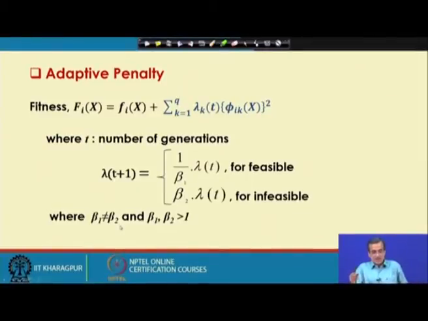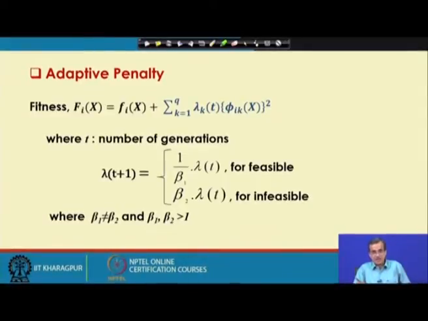Now, here I just want to mention one thing. According to this adaptive penalty, suppose that a particular functional constraint is going to be violated. For this infeasible solution, we put a high penalty value, and even for a feasible solution, when there is no such violation of the functional constraint, we put a small penalty value.